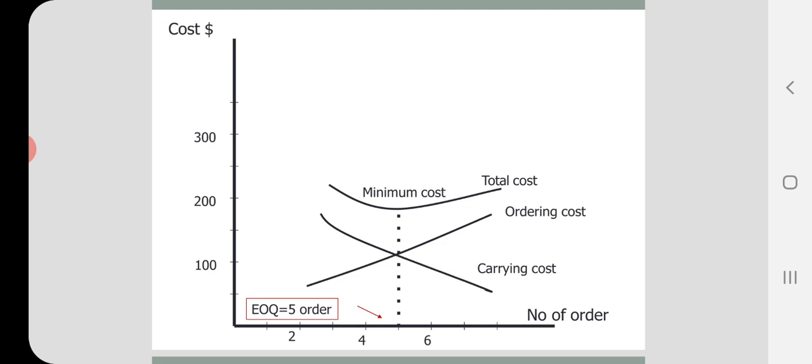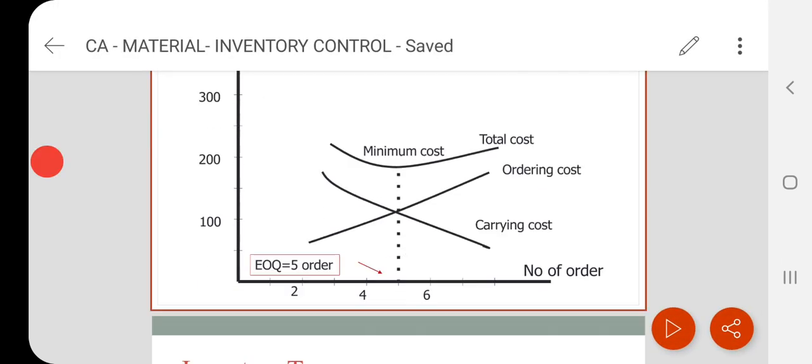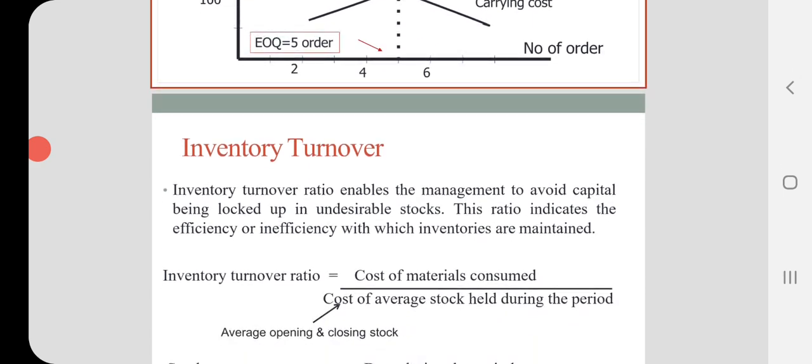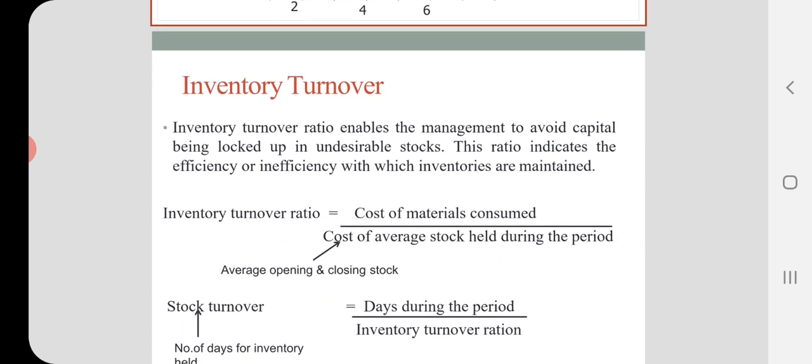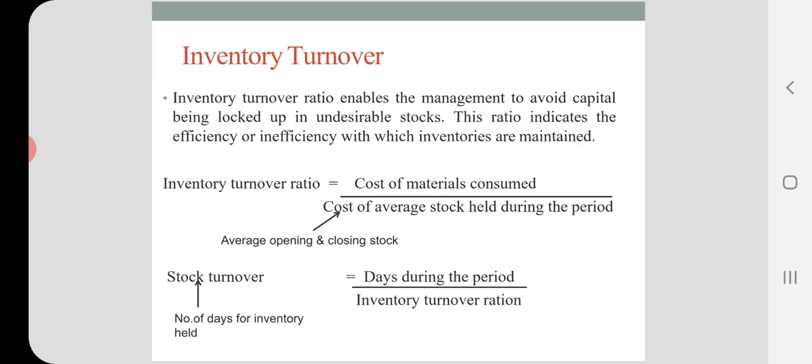So this EOQ helps organizations to maintain the stock, that is, placing an order smoothly and economically. And the next one is inventory turnover.